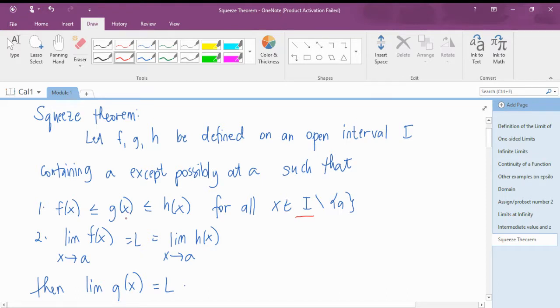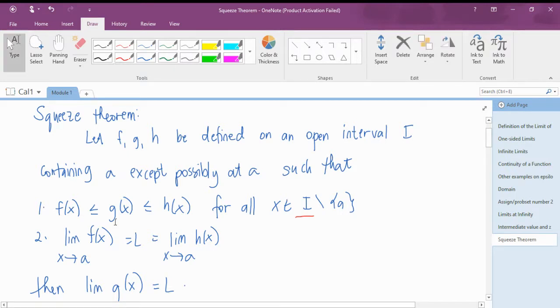Similarly, g of x is geometrically below h of x because algebraically the values of g of x are less than or equal to h of x.